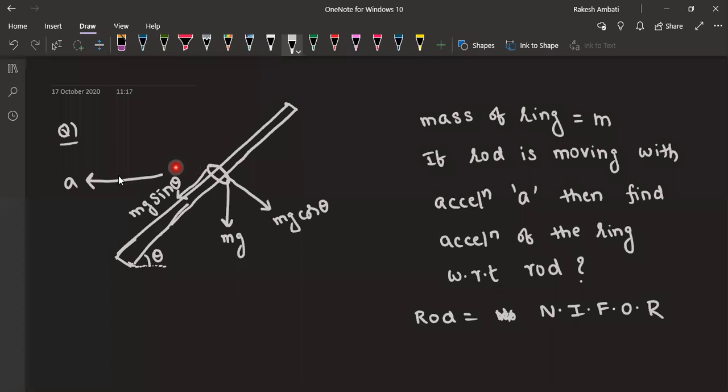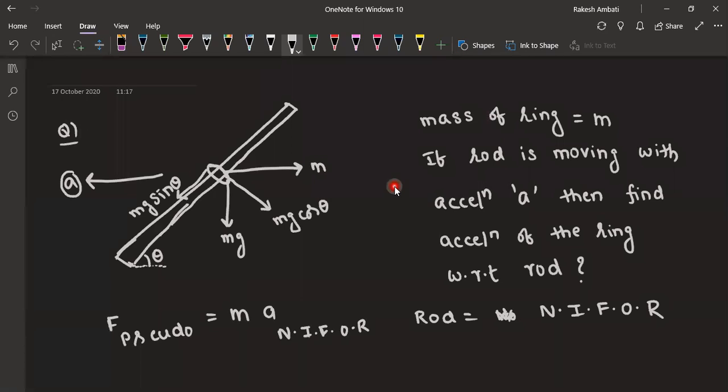The frame's acceleration is leftwards, so the pseudo force is rightwards. And the formula for the pseudo force is minus M times the acceleration of the non-inertial frame of reference, where A is that acceleration.